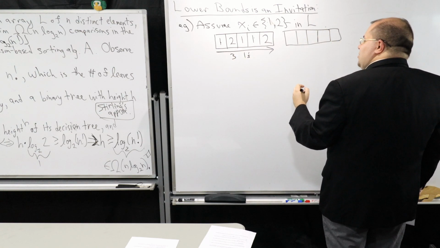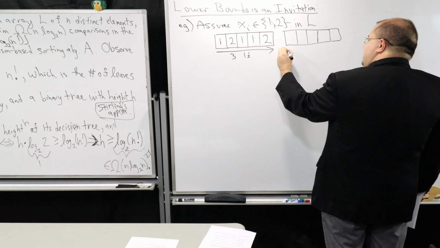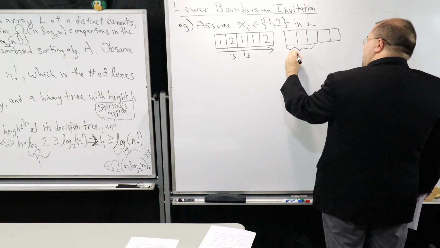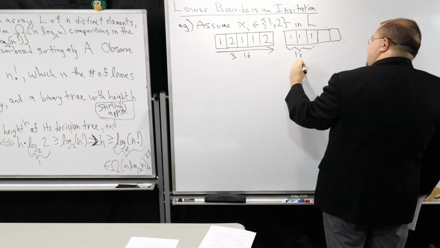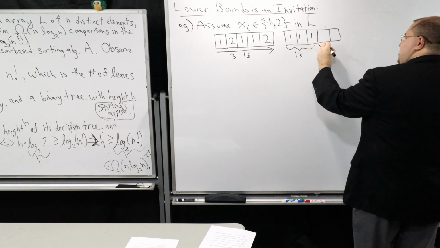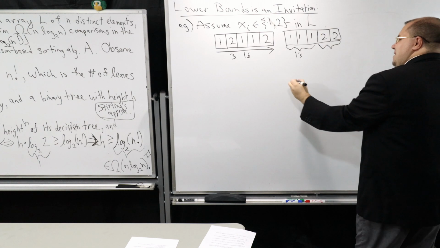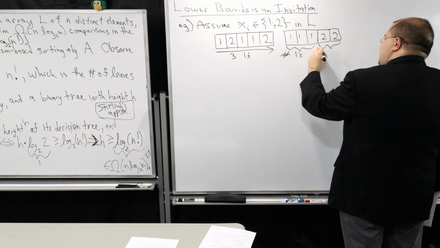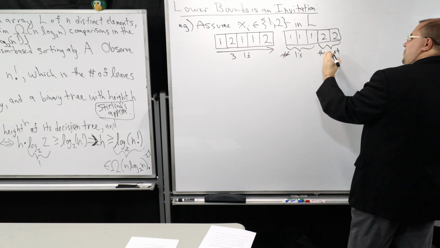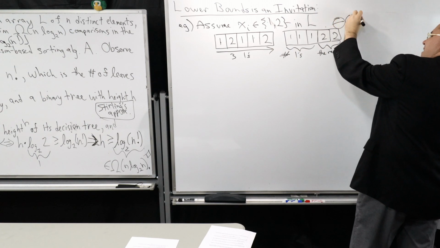So all I have to do is set aside three elements at the first part and say, these are all my 1s. 1, 1, 1. And then I can just put the 2s right here. And this, of course, runs in Big Theta of n.